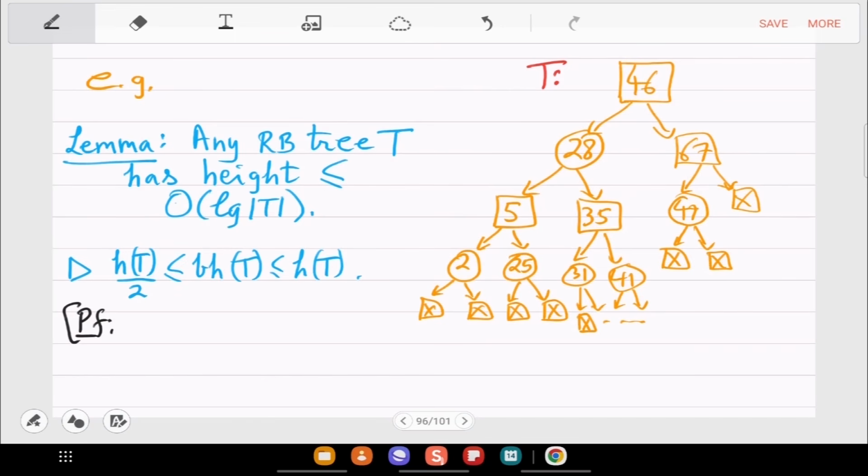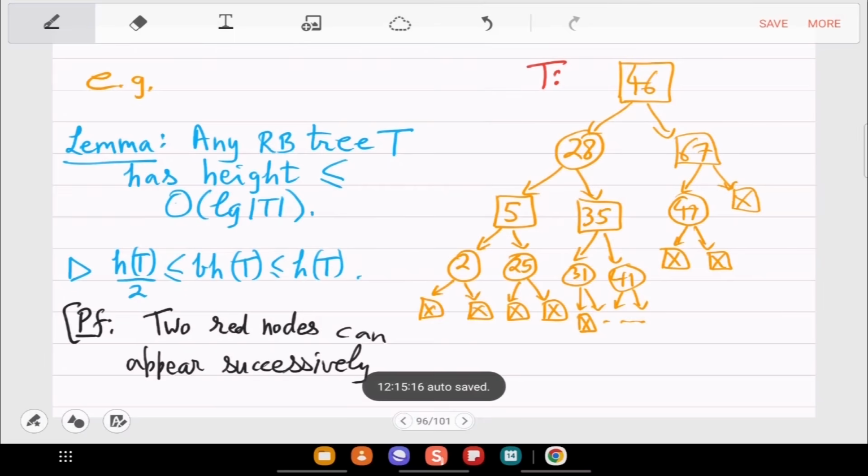So 2 reds cannot appear successively in a path. So that's basically it.